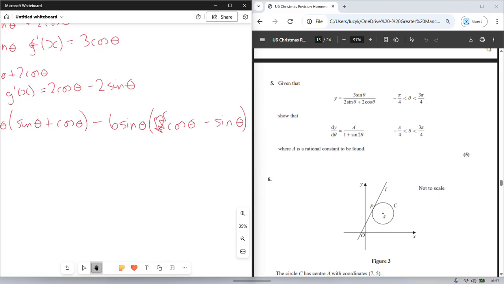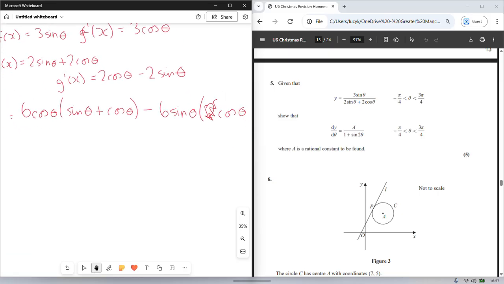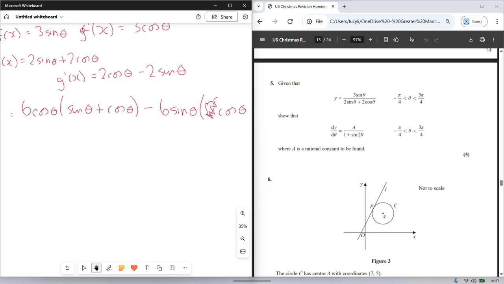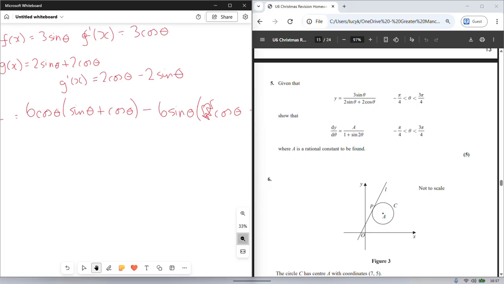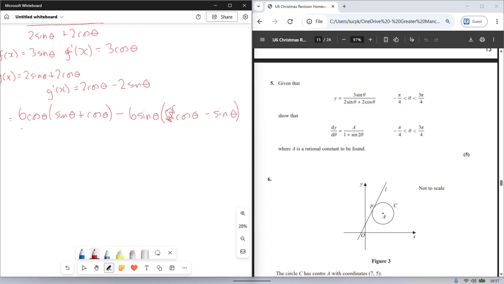And then that will all be over g of x squared, which would be 2 sine theta plus 2 cos theta, all squared.